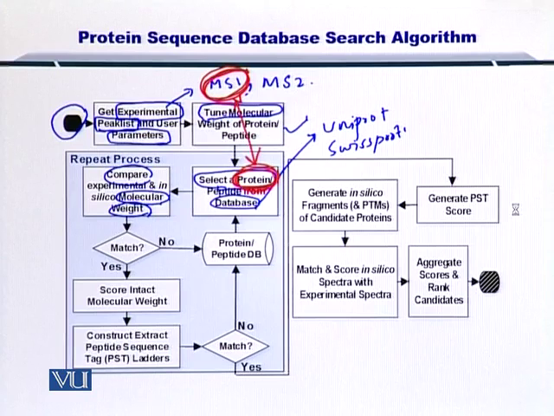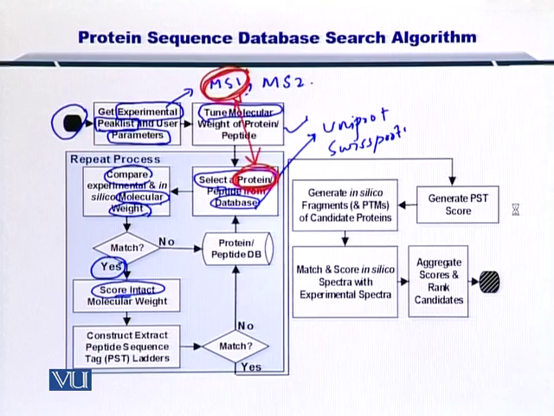Next, if these molecular weights in red match, then you can create a score. So if you have a score for the intact molecular mass, which is good, it can be quite useful. However, it may not be good enough to give you a final say on the protein.